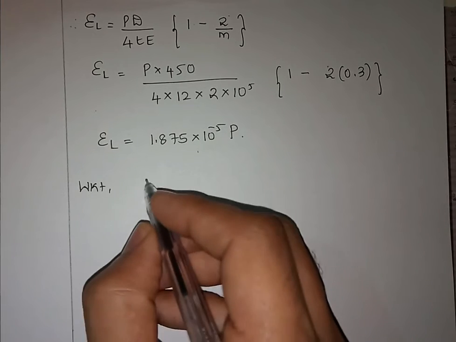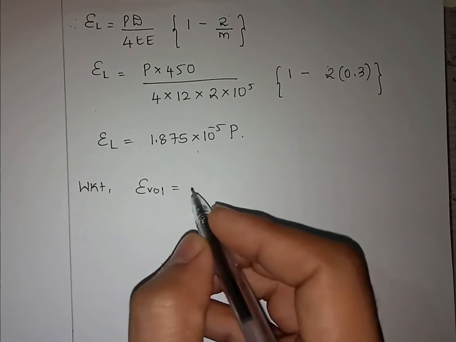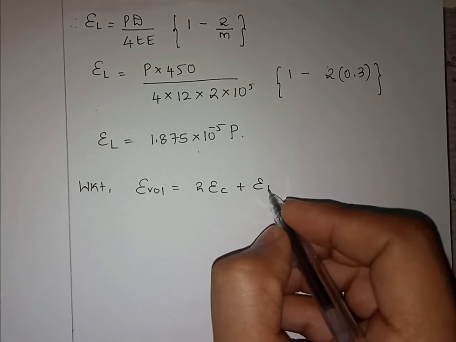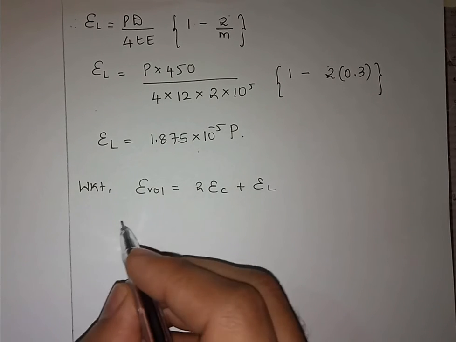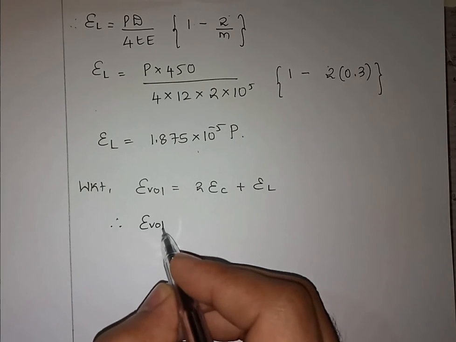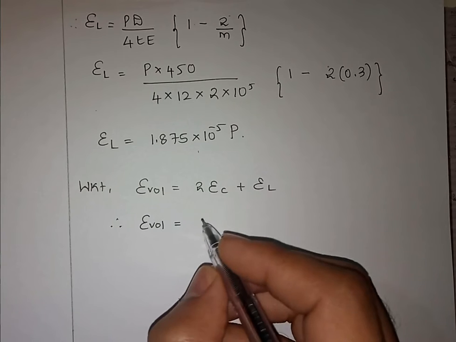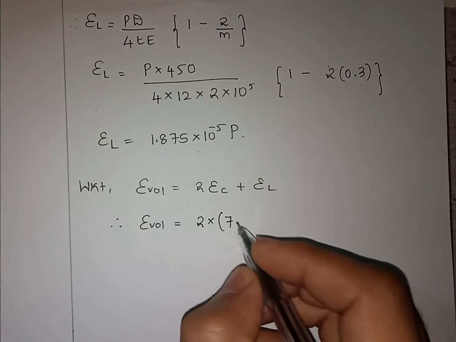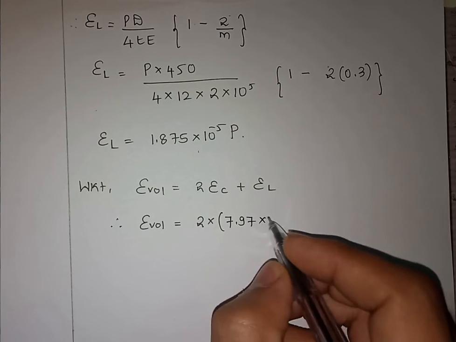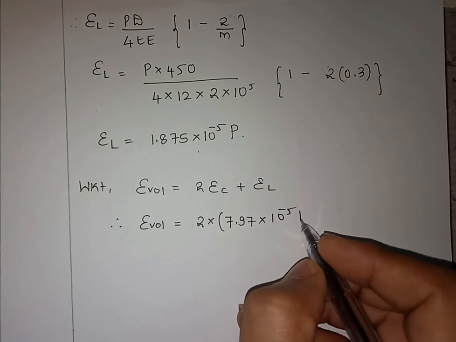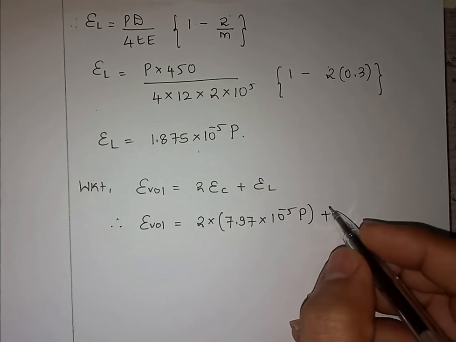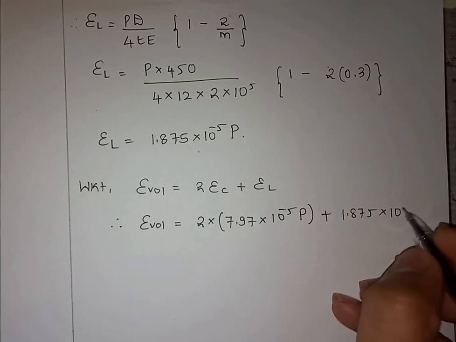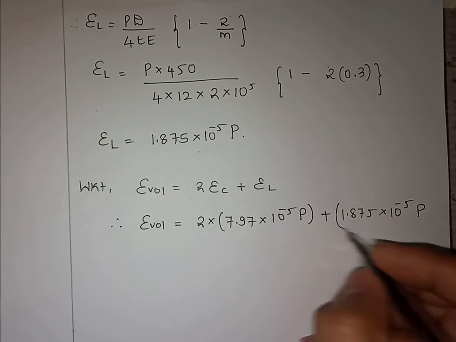We know that epsilon volumetric is equal to 2 times epsilon circumferential plus epsilon longitudinal. Therefore epsilon volumetric is equal to 2 into the value of epsilon c, which is 7.97 into 10 raised to minus 5 p, plus epsilon L, which is 1.875 into 10 raised to minus 5 p.